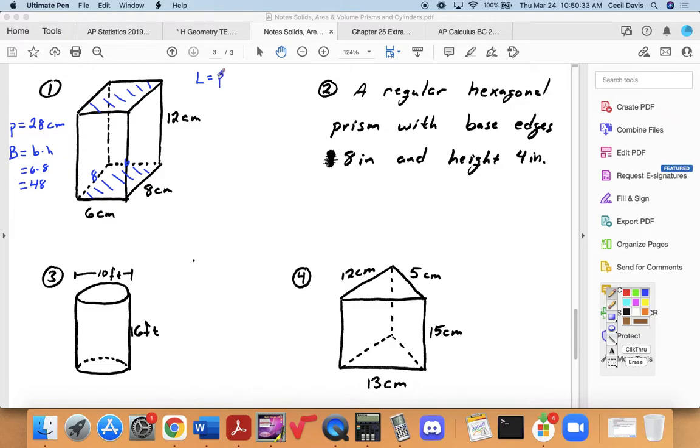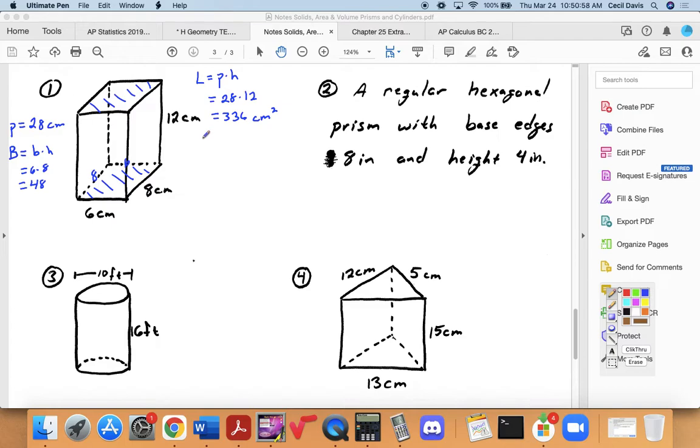So it's the perimeter of the base times the height of the prism. So it'll be 28 times 12, 336, I think. Anyone who wants to double check me, that would be great. Thank you. Square centimeters.